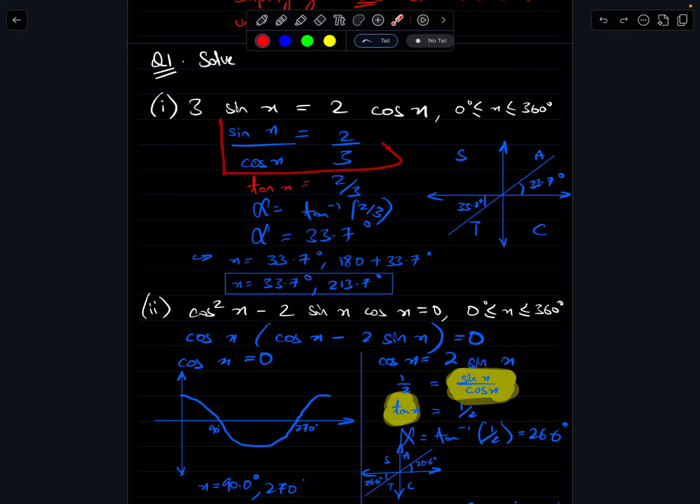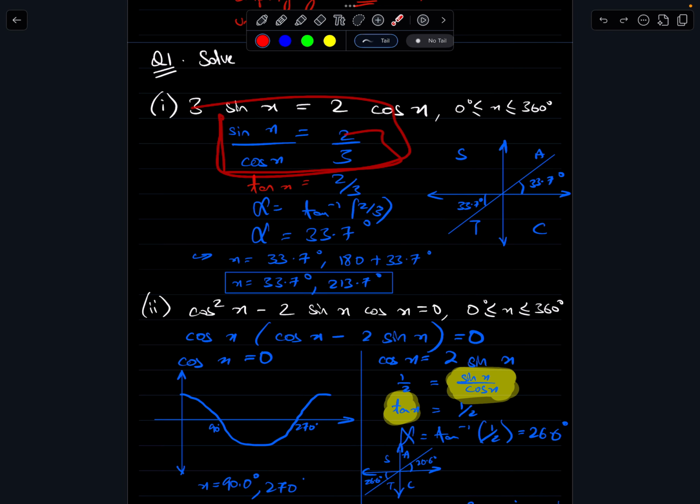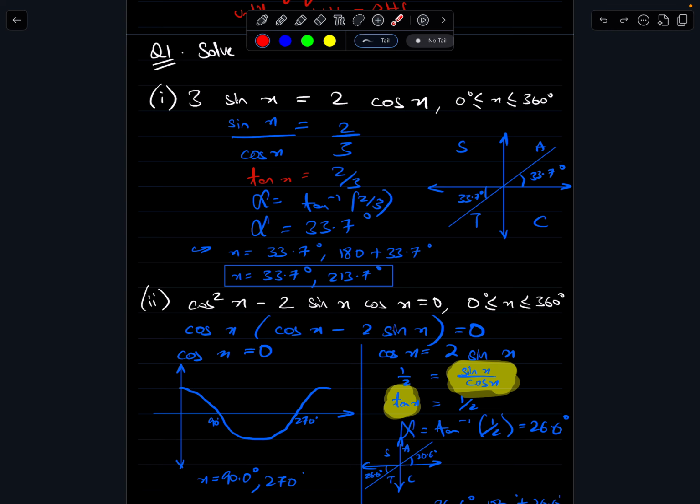So we need to bring a trigonometric function on one side, or the trigonometric functions on one side. So cos goes there, and we have sin x over cos x. Since we have two identities, we cannot solve this until and unless we recognize that we need to embed or introduce the first identity. So we had tan x is equal to 2 over 3.